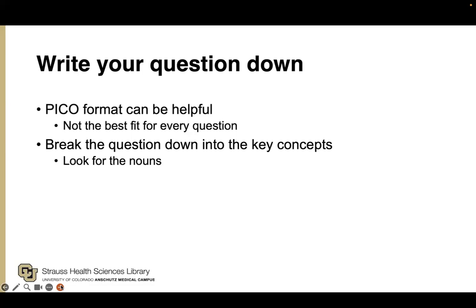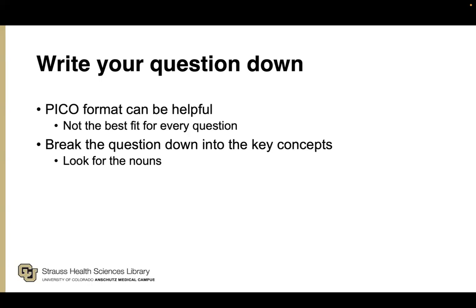One of the things that I think can be useful when it comes to identifying key concepts is to look for the nouns. So look to see what are those key components and the nouns. The other reason I think about searching nouns is that searching things like verbs and adjectives can just be a little bit more fuzzy.